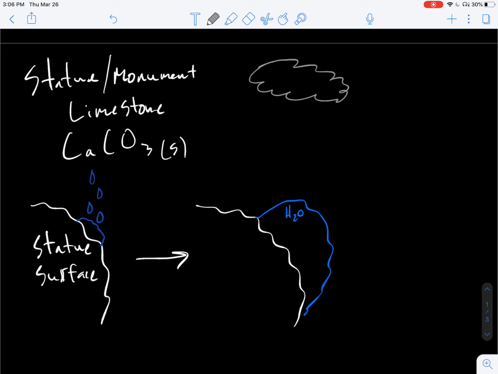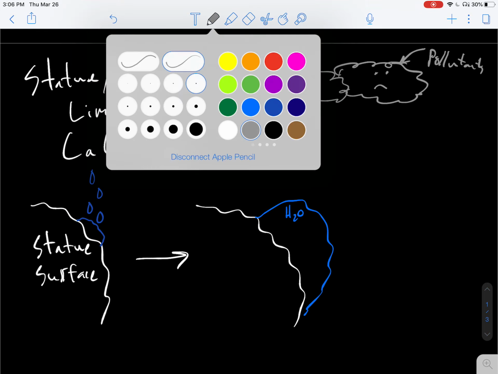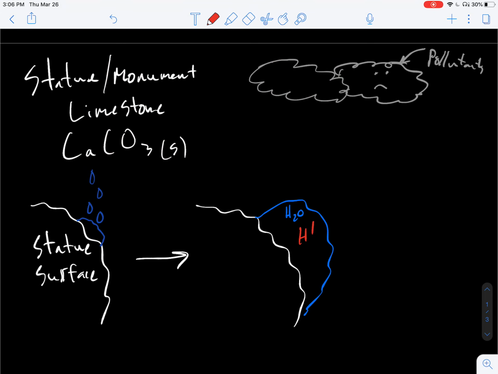And there are pollutants, bad, sad pollutants that get into these clouds that can actually change the water vapor to produce acidic rain. So if now it's not just nice and neutral, we have H plus, and this is calcium carbonate. How might that affect the equilibrium?